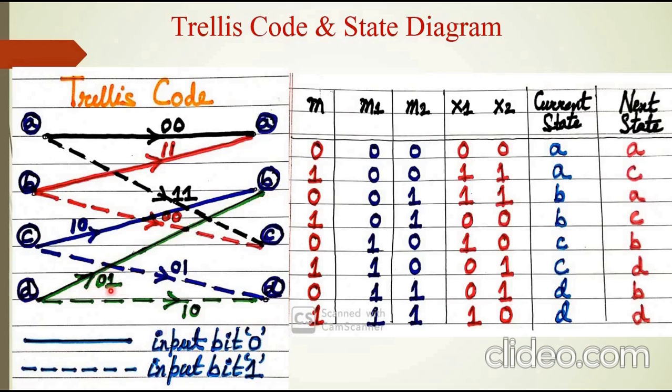So I am mentioning here on the line from D to B, where the current input is 0 and the output is 0 1.